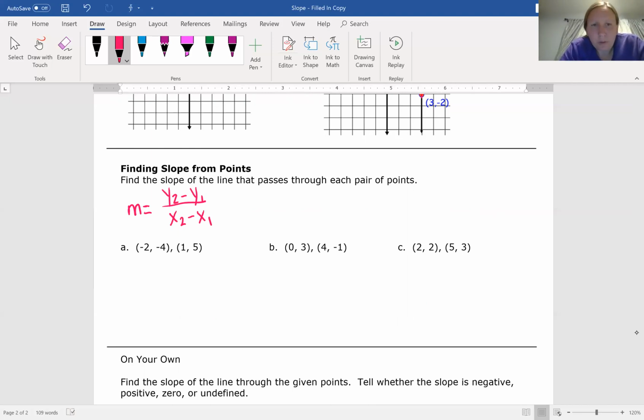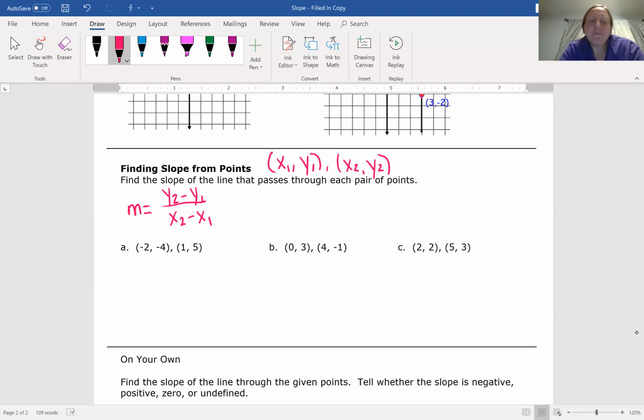Okay, so that's the formula. Those little 2's and 1's are not exponents. They're not floating up at the top. It's not saying we're squaring something. It's just saying that we have 2 ordered pairs that we're calling x1, y1 and x2, y2. And because there's 2 different ordered pairs, you kind of have to do something to show the 2 different ordered pairs. So that's where the 2 and the 1 came from.